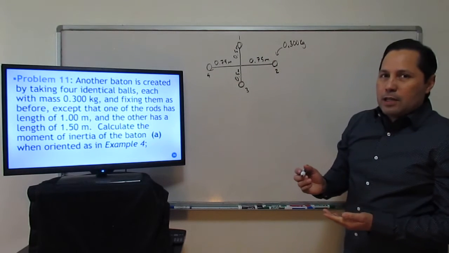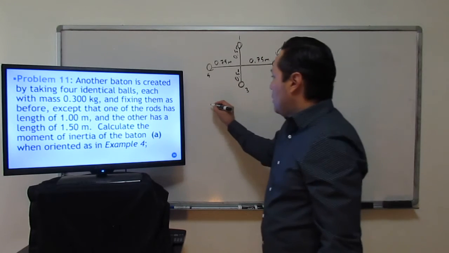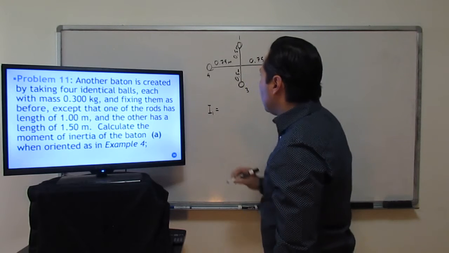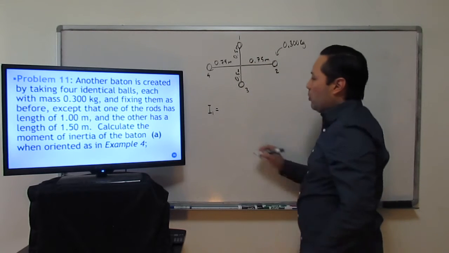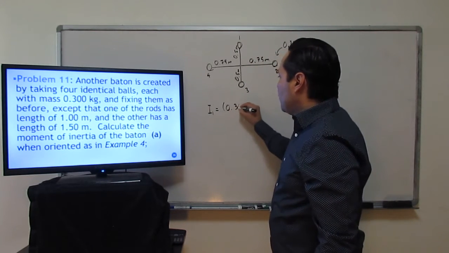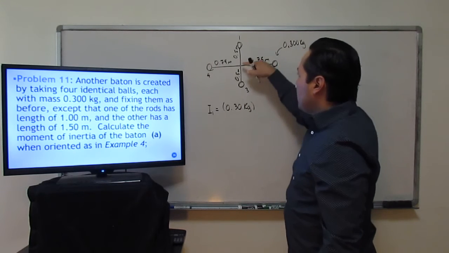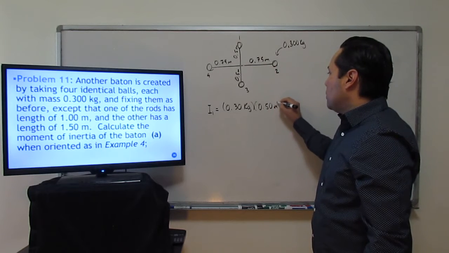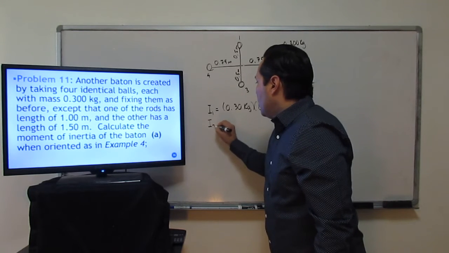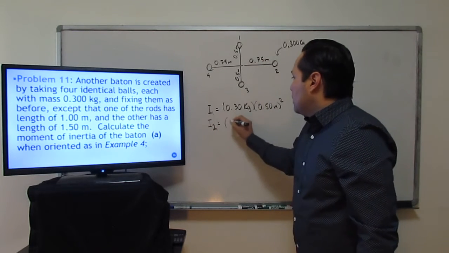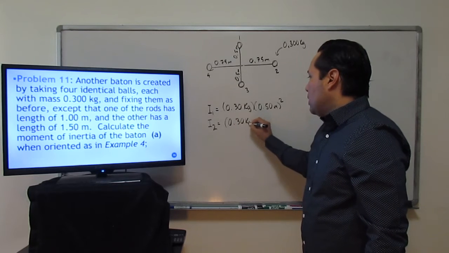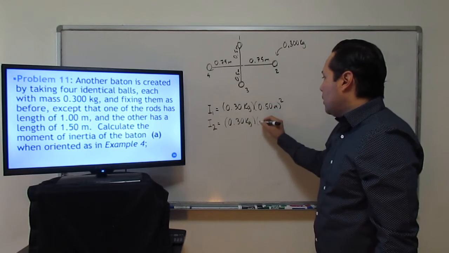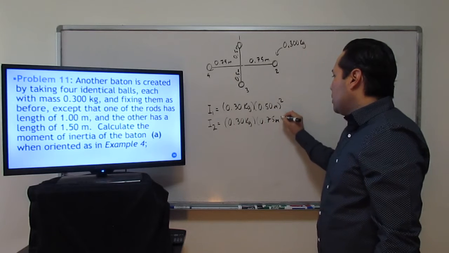All right, and let's start with number 1. Moment of inertia is going to be I1. It's going to be the mass, which is 0.3. All of these will have the same mass. Multiply times the distance from the axis of rotation, which is 0.5 meters squared. Moment of inertia of the second one, all of them have the same mass, 0.3, but that's a longer rod, so it's 0.75 meters squared.